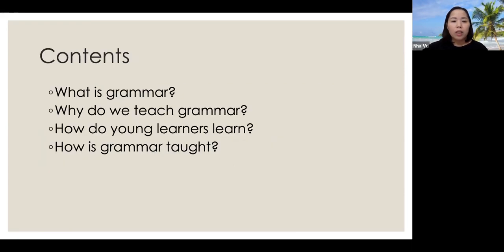And I will look at the definition of grammar, and the reason that we have to teach grammar, and we look at the way that young learners learn, and we also look at the final part. It is how is grammar taught. And as I said earlier, I myself had different roles as a teacher and also as a researcher.